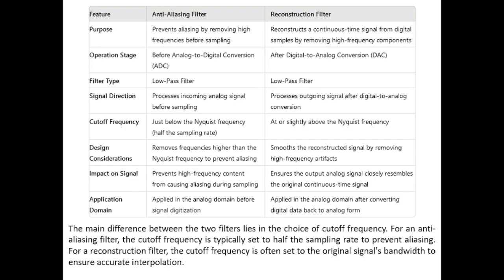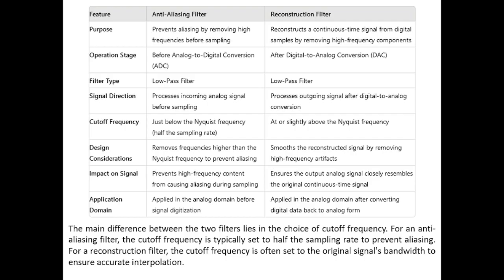Both of these are analog domain filters, but without them, digital signal processing remains incomplete. Band limiting is carried out by the anti-aliasing filter. It is a low pass filter, as I already told you, but over there the gain should be 1.